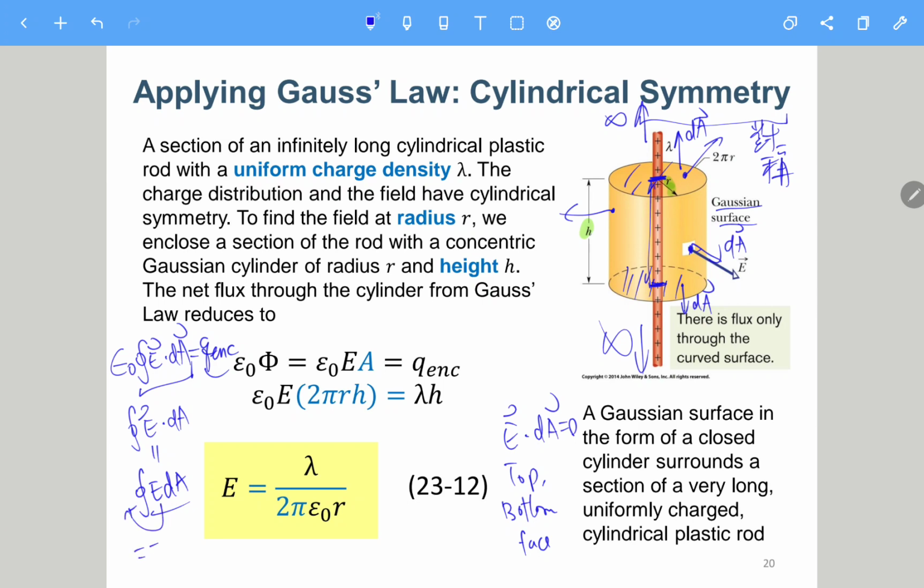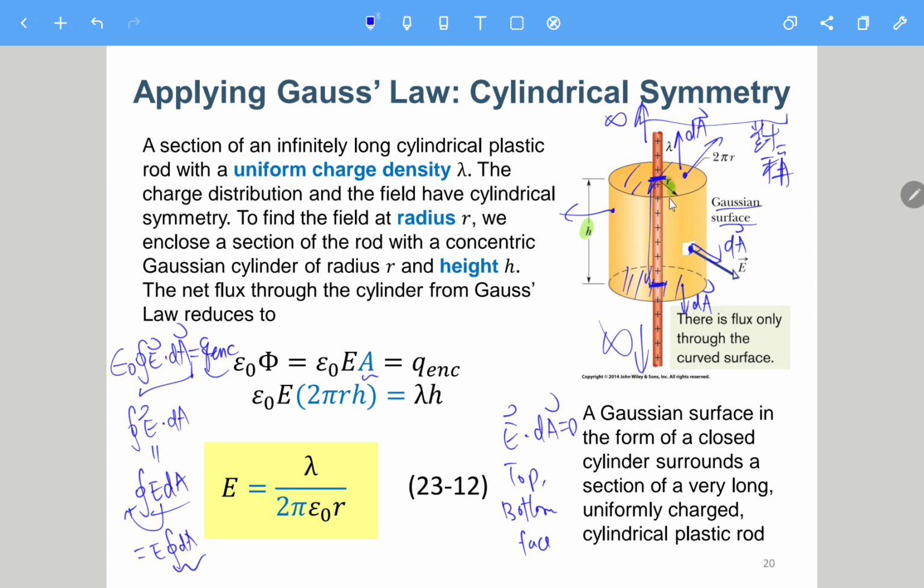So it turns out to be E times the integration of dA, which is nothing but the surface area of the side face. So it turns out to be E times the total area, which is A. So the area of the side face is easy.